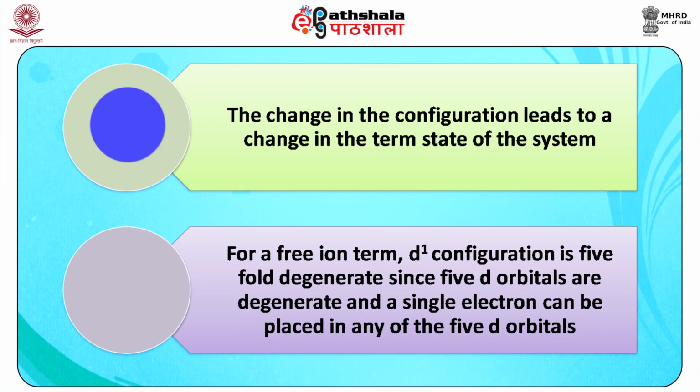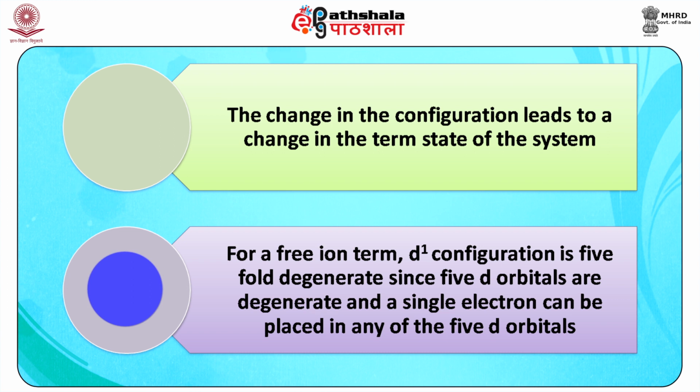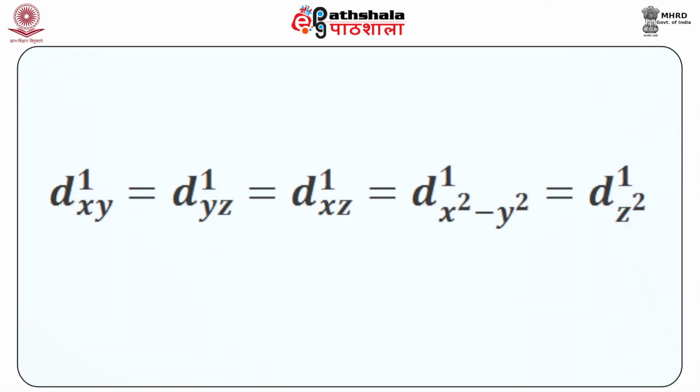The change in the configuration leads to a change in the term state of the system. For a free ion term, d1 configuration is fivefold degenerate since the 5d orbitals are degenerate and a single electron can be placed in any of the 5d orbitals. Various possible configurations can be represented as dxy1 equal to dyz1 equal to dxz1, again equal to dx2-y2 1 or dz2 1.